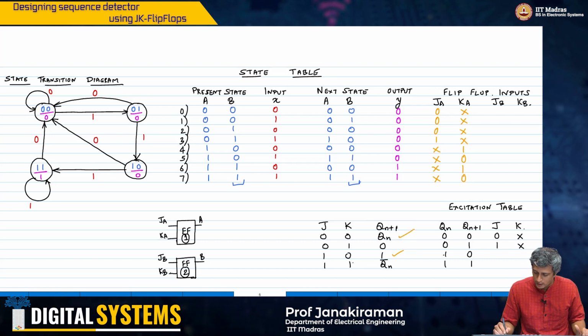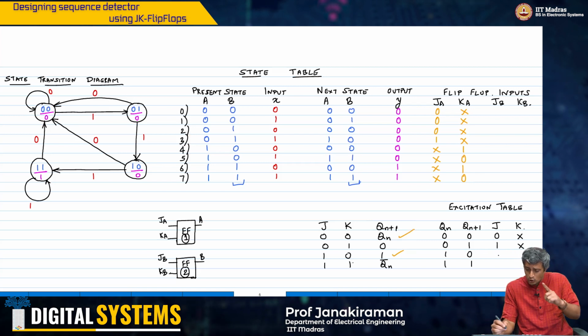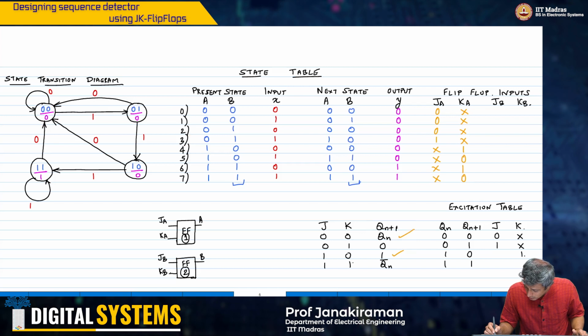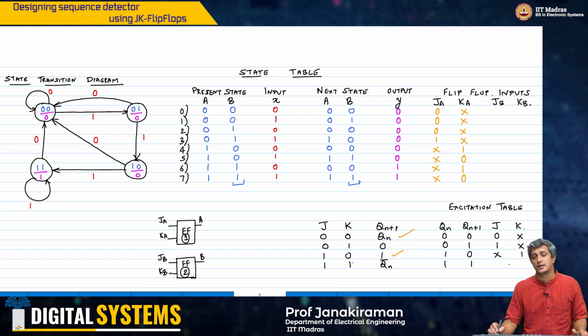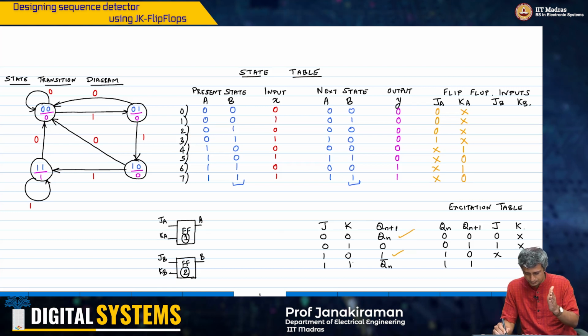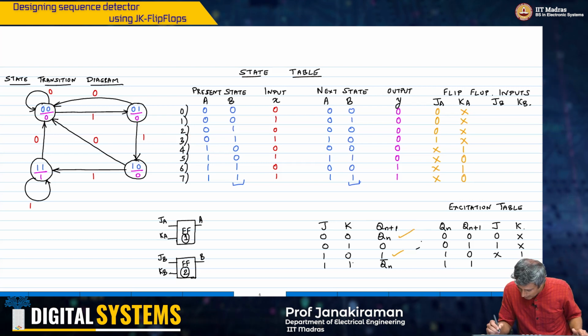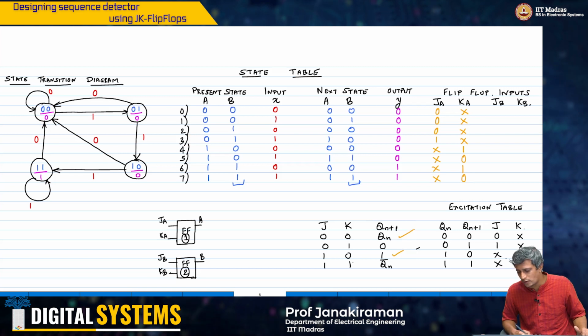Then for 1 0, the output is going to 0 or you're toggling. So you're looking at these two cases, and therefore K has to be 1, J can be anything. And for the 1 1 case, the output is either staying at 1 or the output is being set. So therefore K is 0 and J is X. This is what we have.